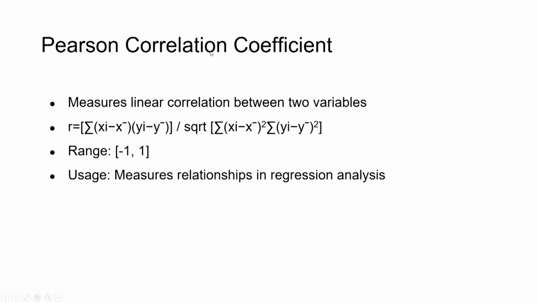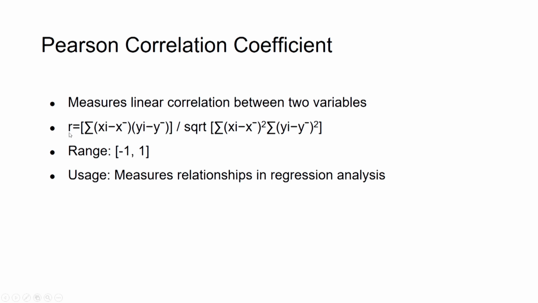Then there is the Pearson correlation coefficient, which is also a very famous coefficient for finding similarity between two instances. It measures linear correlation between two variables, or, if your data set is n-dimensional, you can find the Pearson correlation coefficient between these two instances.